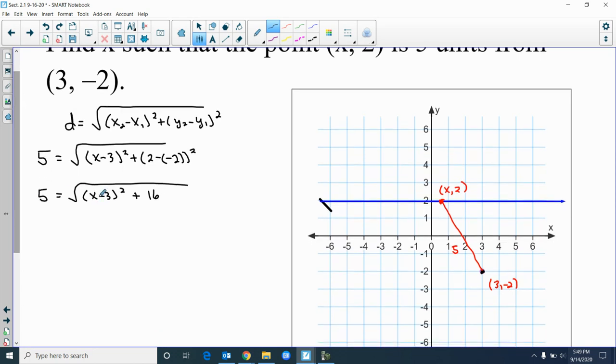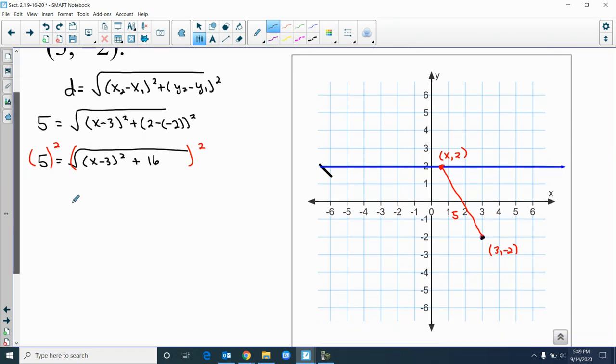All right, well, at this point, I've got to solve for x. I've got to get rid of this radical, so we need to square both sides. I'm going to square this side, I'm going to square this side. And when I do that, I get 25 equals, and now you're just left with x minus 3 quantity squared plus 16.